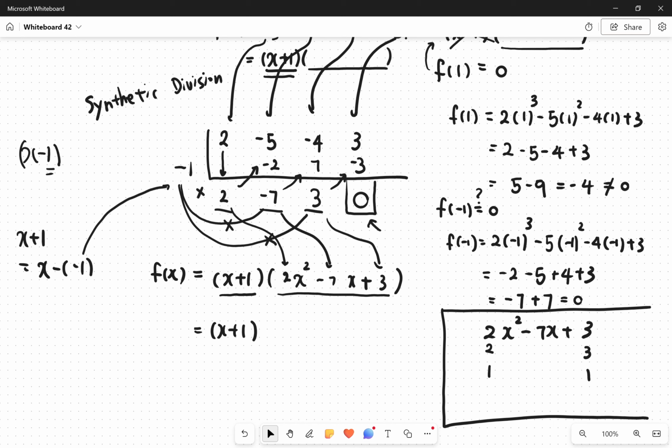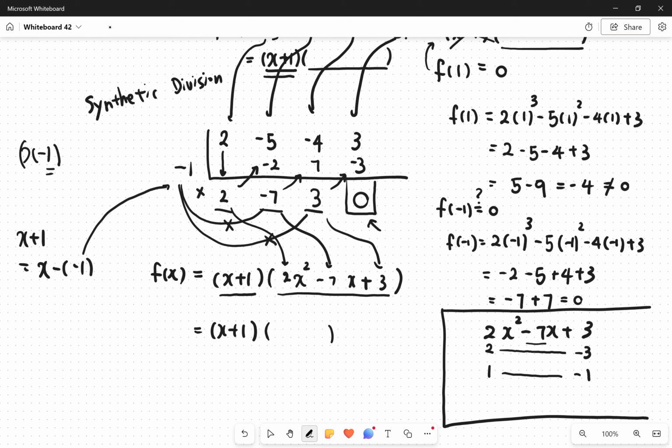Very luckily, 2 has only one pair of factors, 1 and 2, as well as 3 and 1. Then we multiply each two numbers from each side to make negative 7. Since this is negative, we put the negative on the factors of 3, which is negative 3 and negative 1. So if you multiply 2 and negative 3, and multiply 1 and negative 1, added together that becomes negative 7.